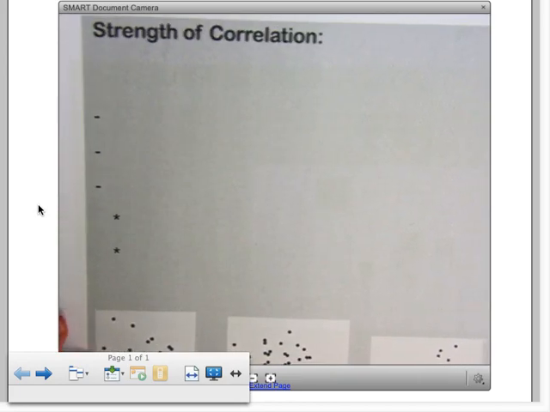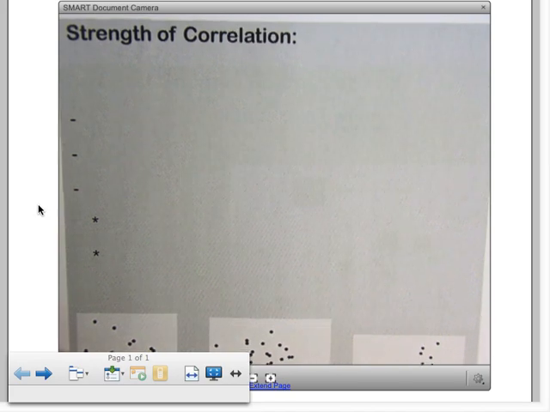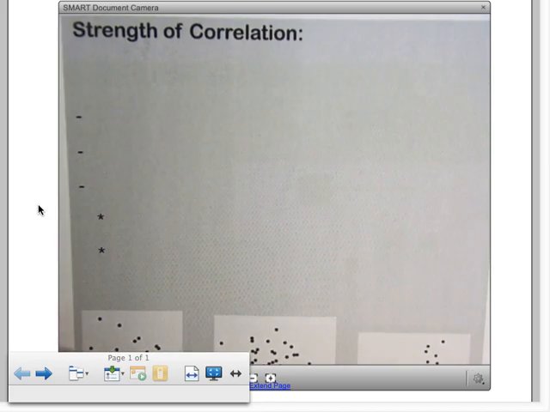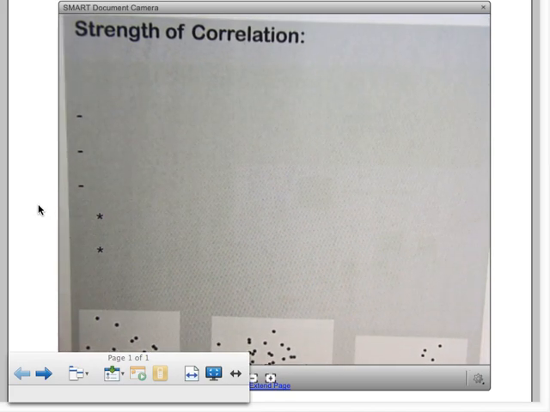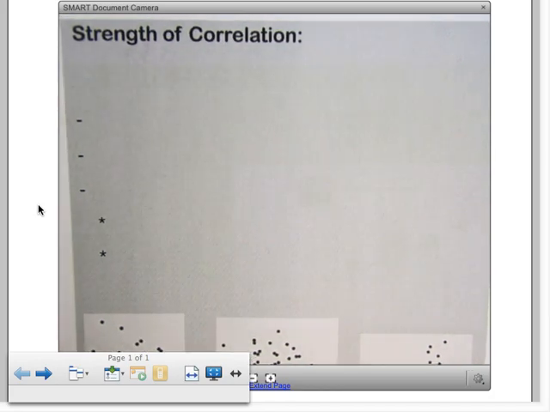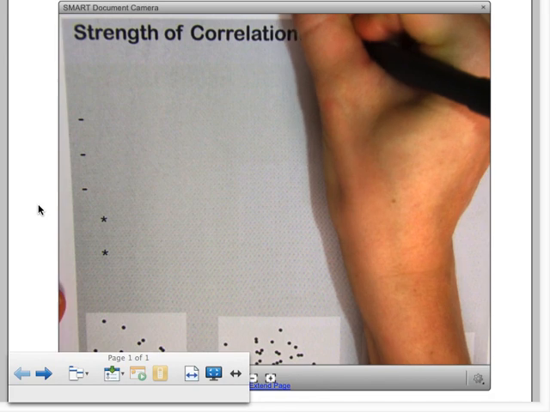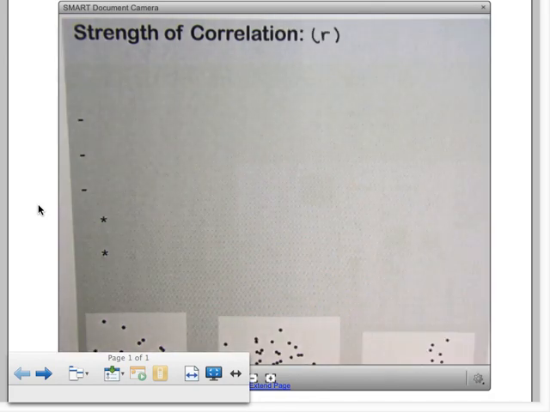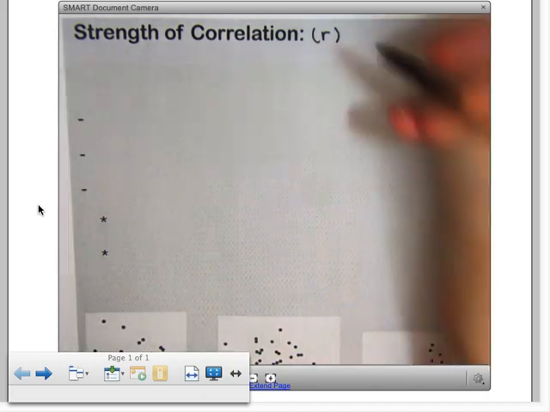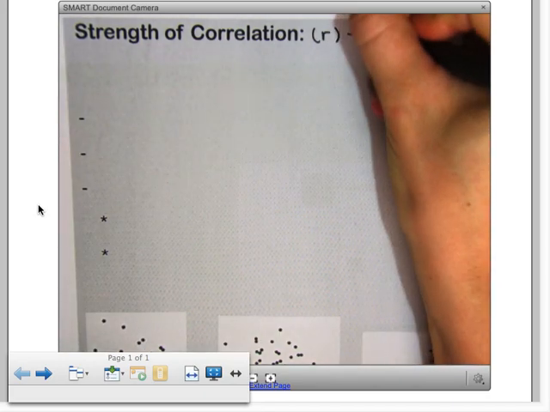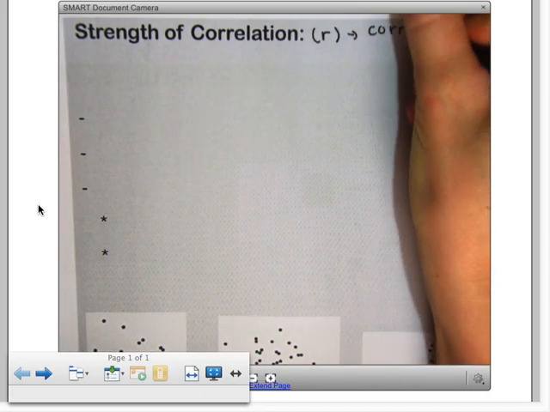Okay, so next thing we're going to go over is the strength of the correlation. Okay, we'll do more of this in section 4.3, but we're just going to introduce it today. So the strength of the correlation, the variable for this is just R. Okay, and this is called the correlation coefficient.